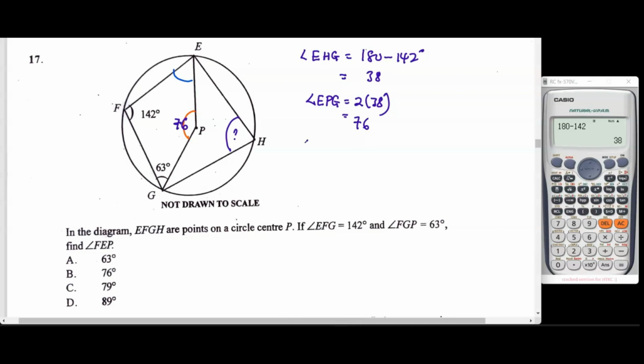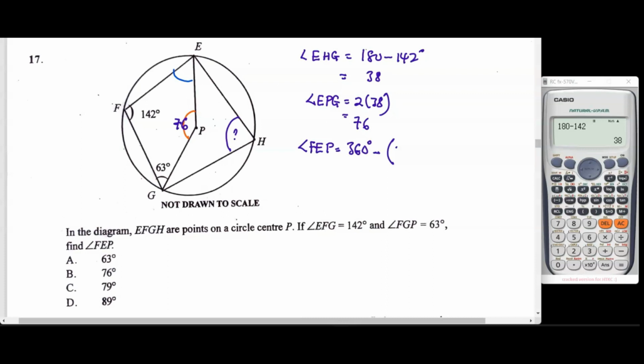Therefore, angle FEP will be equal to 360 degrees minus the sum of the other interior angles within this quadrilateral, and that will give us the solution.